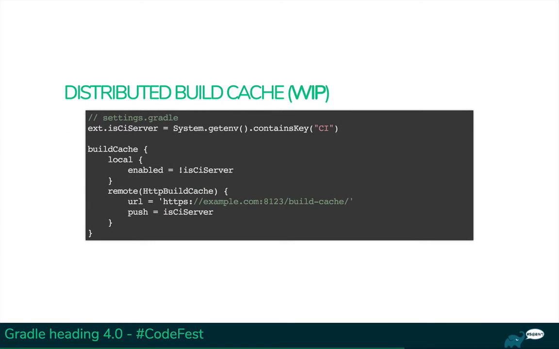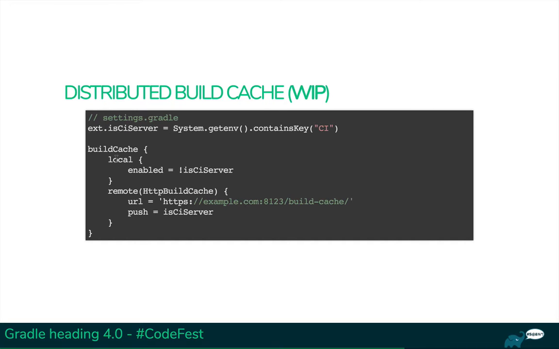But what will be a game changer, in my opinion, is what we're currently working on, which we call the distributed cache. If you want to test that out with the latest Gradle master, you can do that. You can define a cache in your settings file.